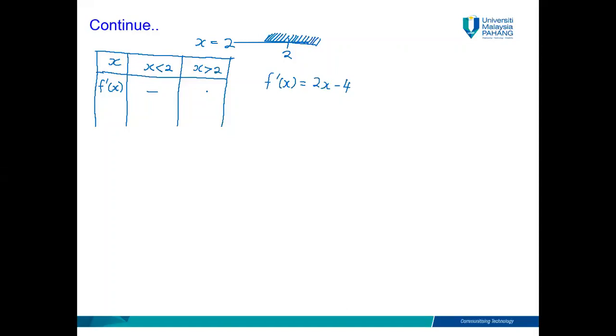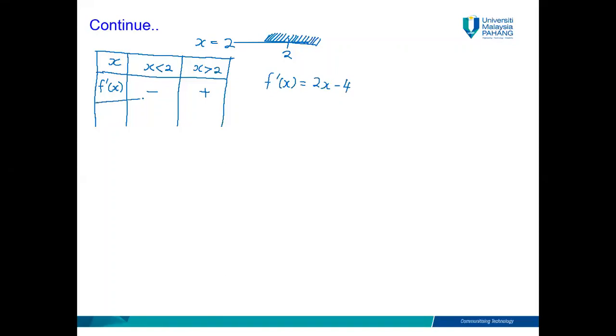Like I said in the previous slide, choose the value closest to the critical value. So I take 3. If x is equal to 3, substitute into this: 2 times 3, 6, minus 4, 2, right? So you will get positive here.